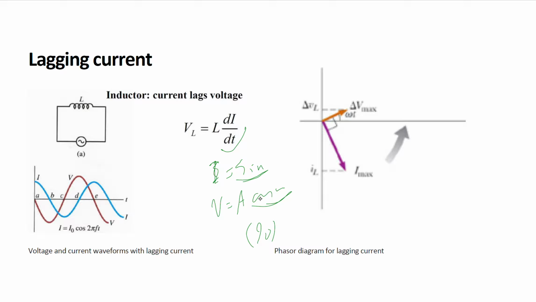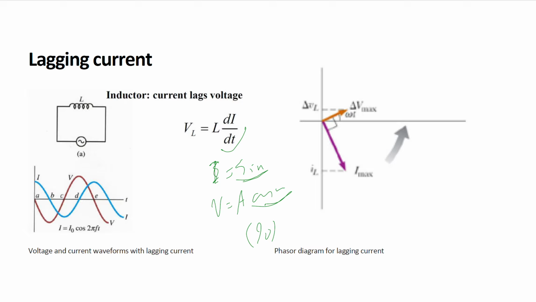So the inductor actually changes the direction between the current and voltage. If you have a current with the direction of 0, exactly at the x-axis, the voltage from sine becomes cosine, which means we have a 90-degree phase shift.